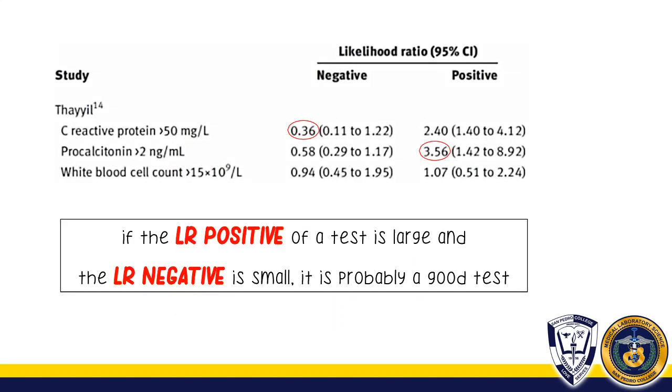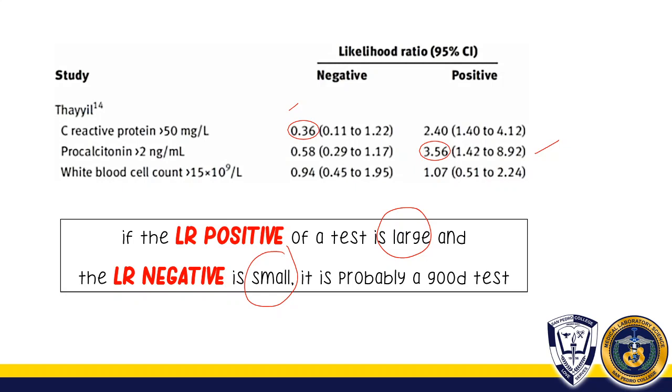So, just remember, if the LR positive of a test is large and the LR negative is small, diba? LR positive is large, this one. LR negative is small, this one. Then it is probably a good test.